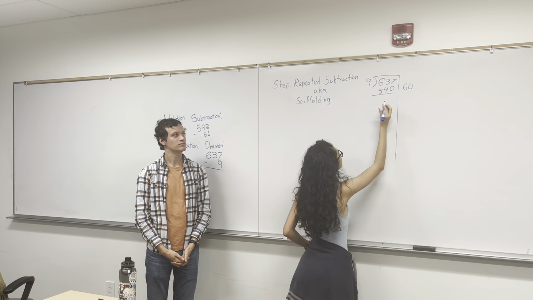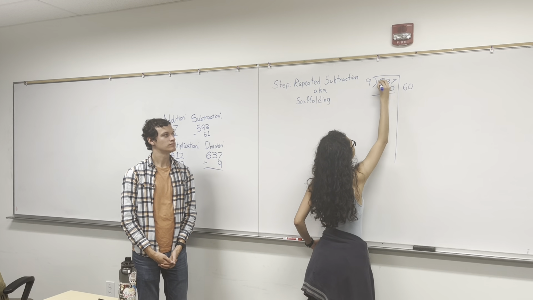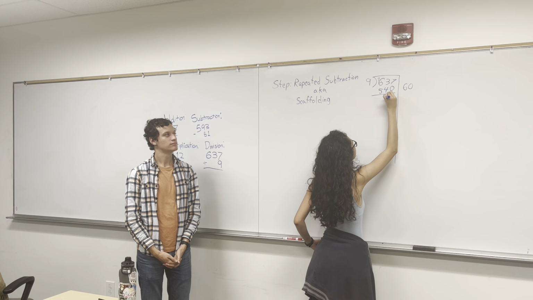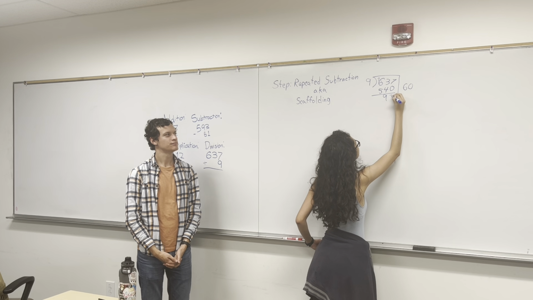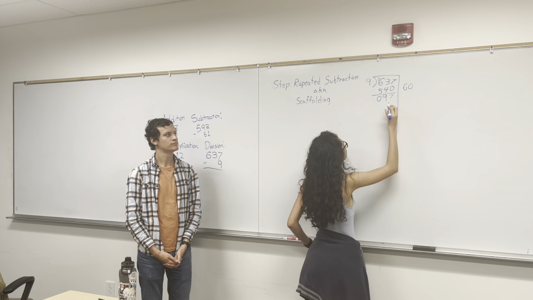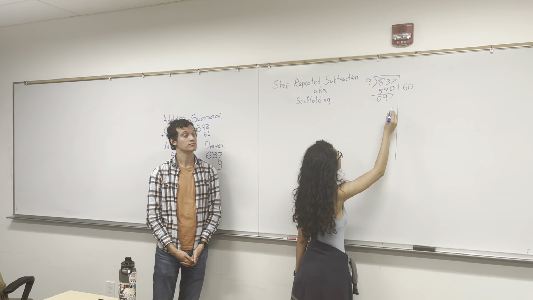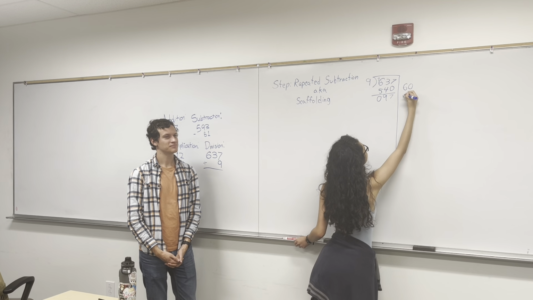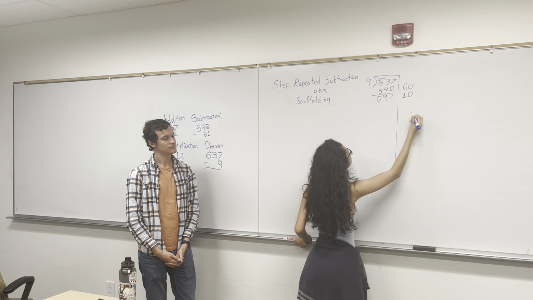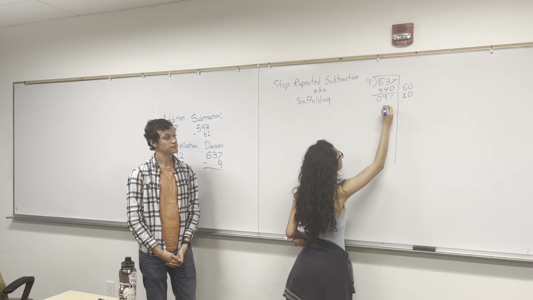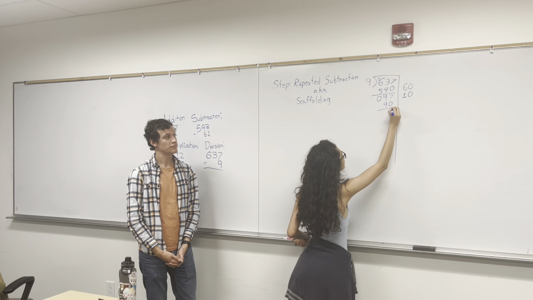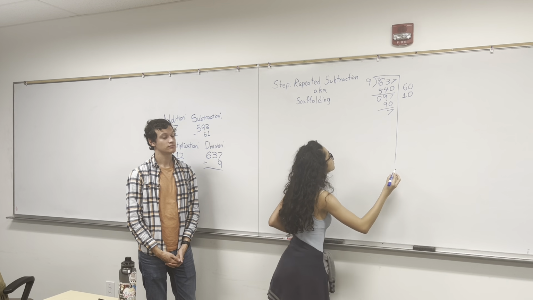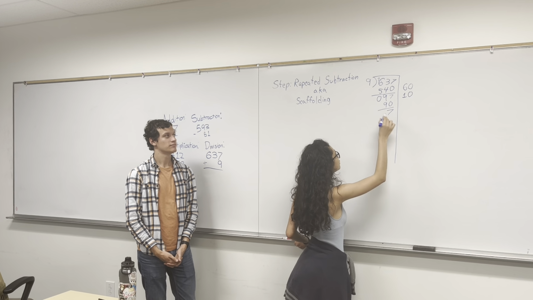And so if we subtract this, we would get 97, the 0 right here. And so with this remainder, how many times does 9 go into 97? Well, that would be 10 times. So 9 times 10 is 90, with a remainder of 7. And so how many times does 9 go into 7?